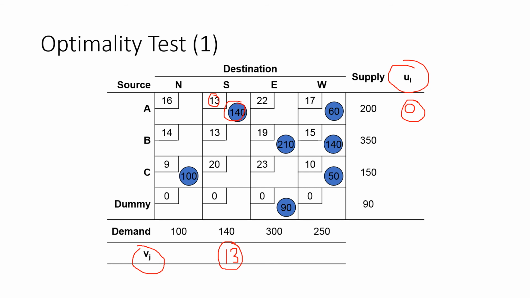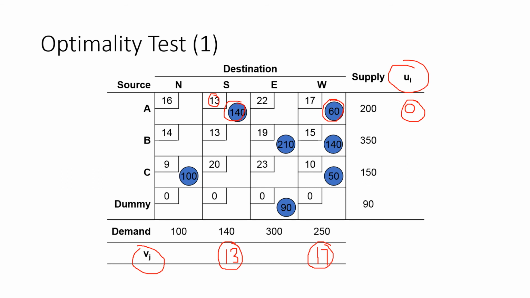I'll take this other basic cell, ui 0 plus something here equal 17. This something must be 17. Now I can do this one now.